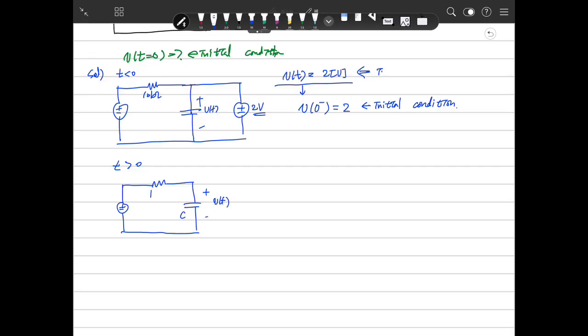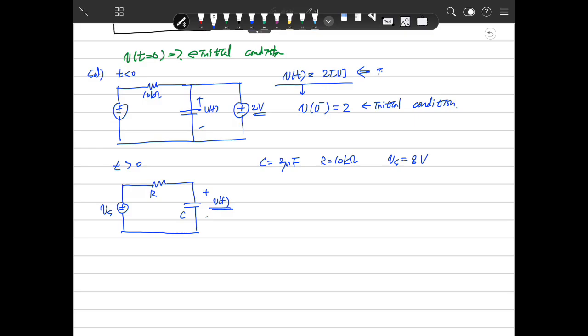This is C, and this is R. C is 2 microfarad, and R is 10 kilo ohm. Then there is Vs. And Vs is 8 volt. Then our goal is to get Vt here. So we should solve this circuit.